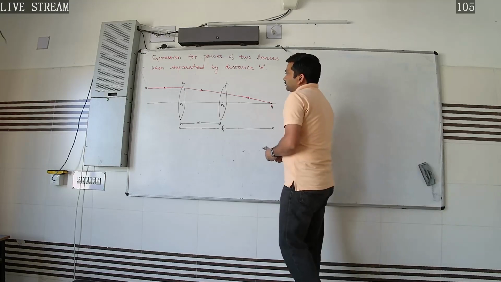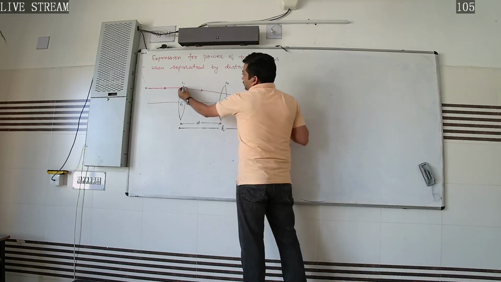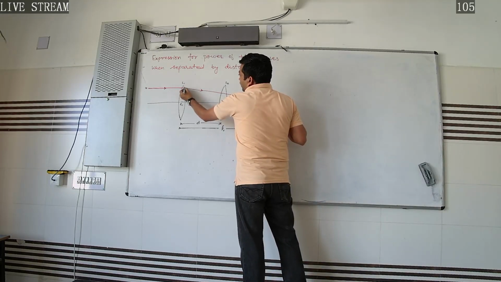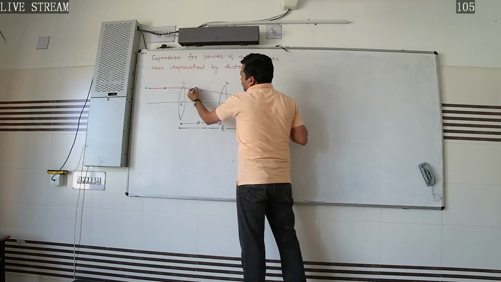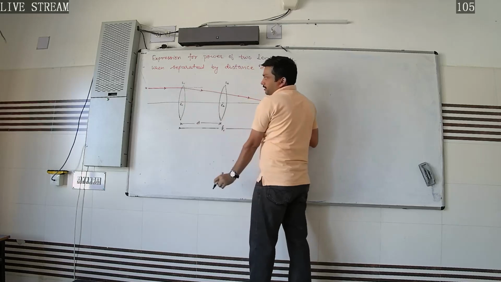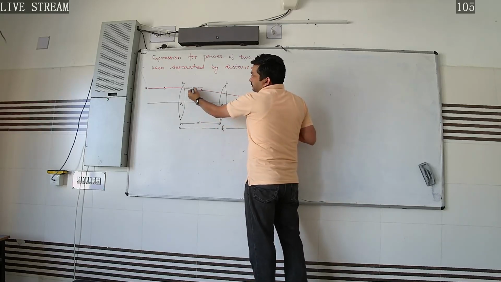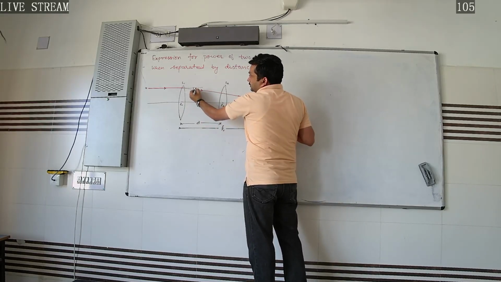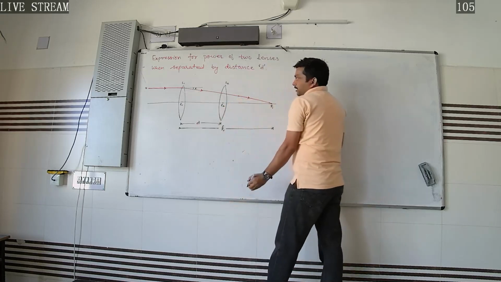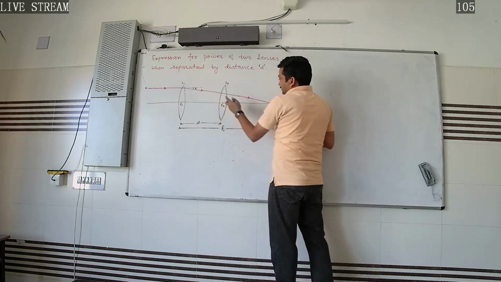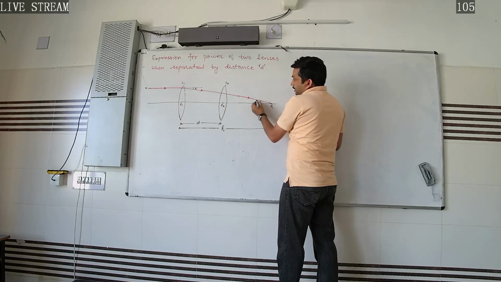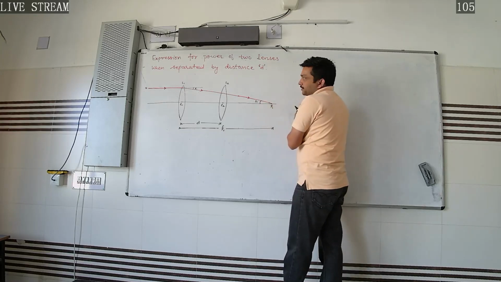Now what would happen? In the absence of lens L1, this ray of light should have gone straight. So in the presence of lens L1, this ray of light has suffered a deviation. Let us consider this angle as delta 1. Now if this angle is delta 1, then this angle will also be equal to delta 1.